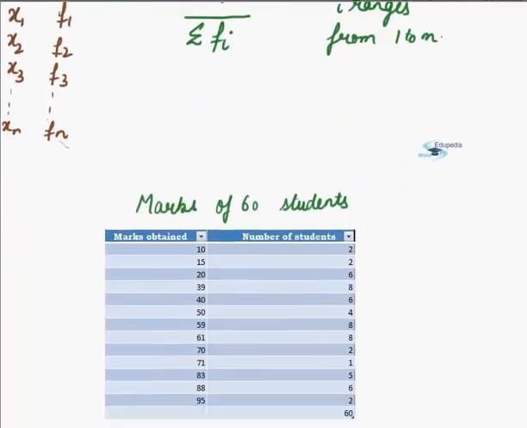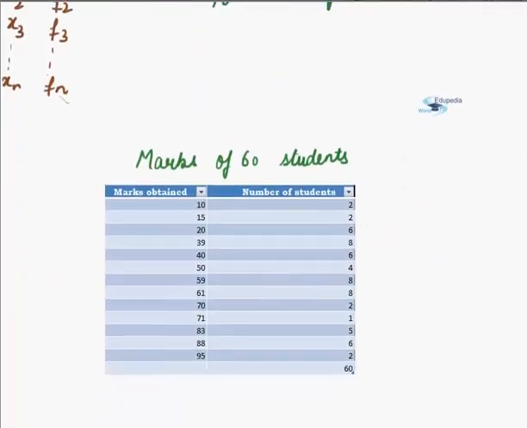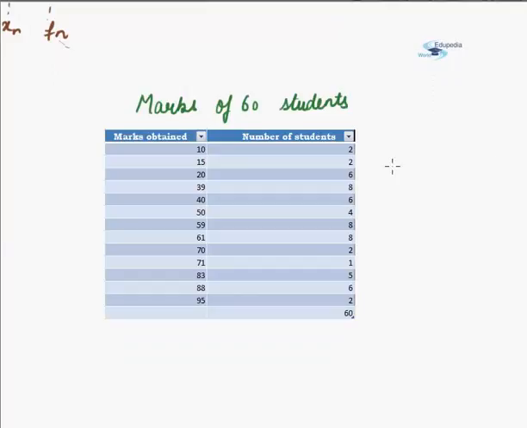Let us discuss this formula with the help of an example. Friends, suppose we are given marks of 60 students such that the data is given in ungrouped format. We can analyze that 10 is scored by 2 students, 15 by 2 and so on.